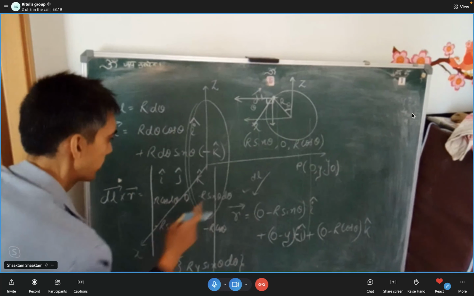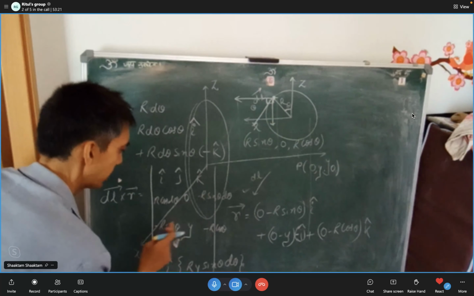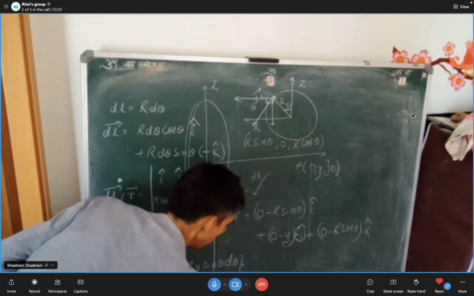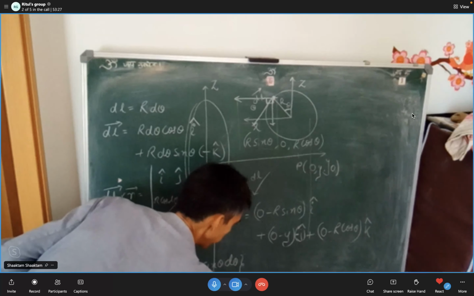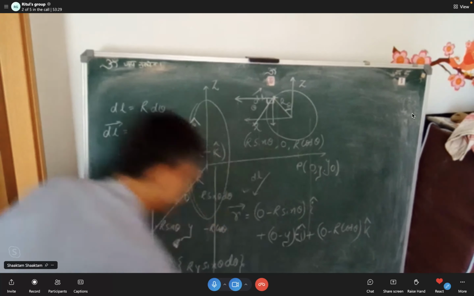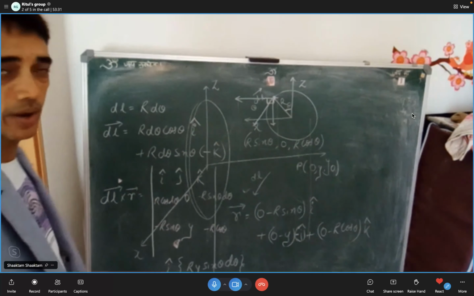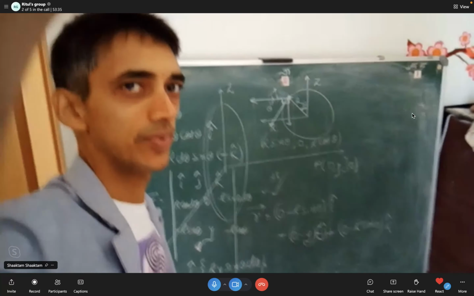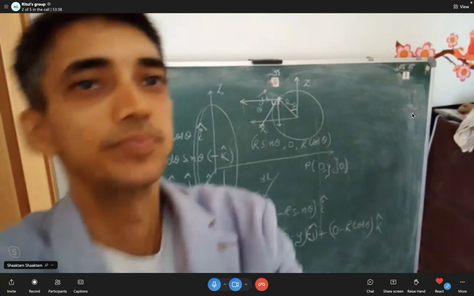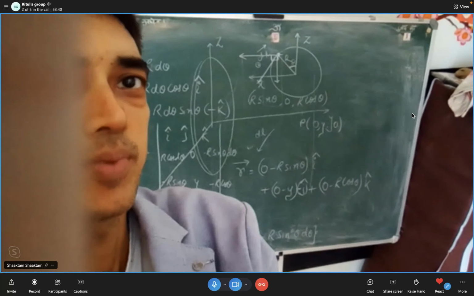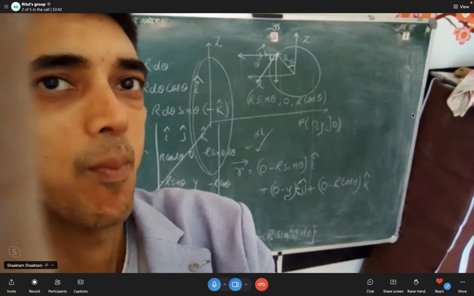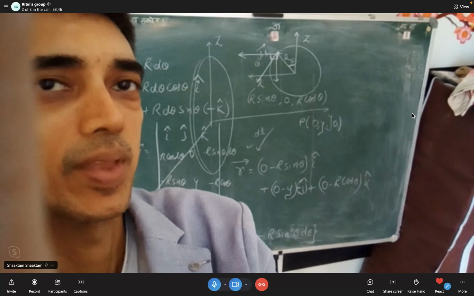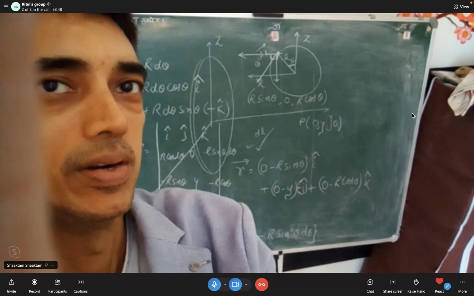Could you write it adjacent to the I component because I can't see it? Okay, just a minute. I'll be writing it up. Move a bit toward the camera. Let's check. Visible? Yes, good. Yeah, I can see it now. But you're kind of in the way.